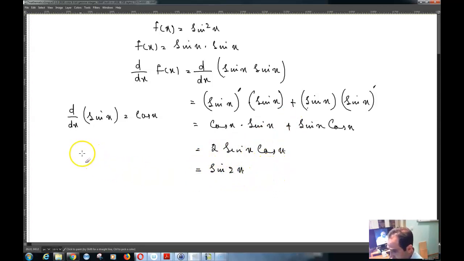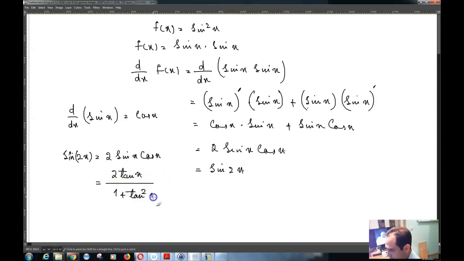Basically, you know that sine 2x is the same thing as 2 times sine x cos x, and you can also write that as 2 tan x over 1 plus tan squared x. 2 times sine x cos x is equal to sine 2x.